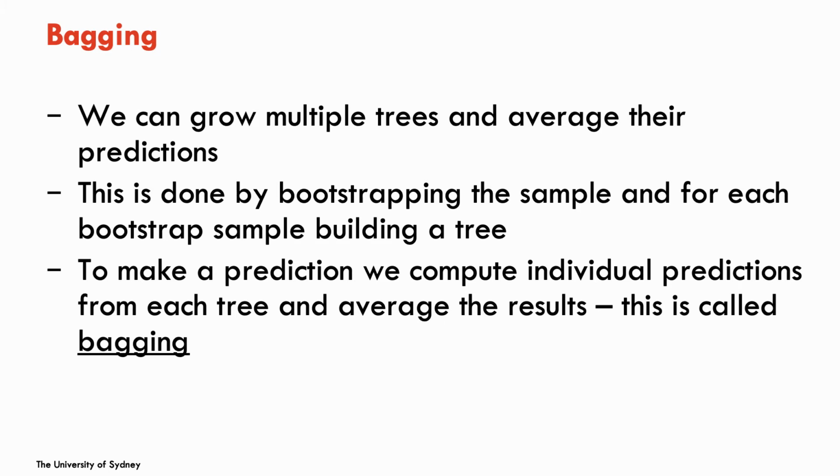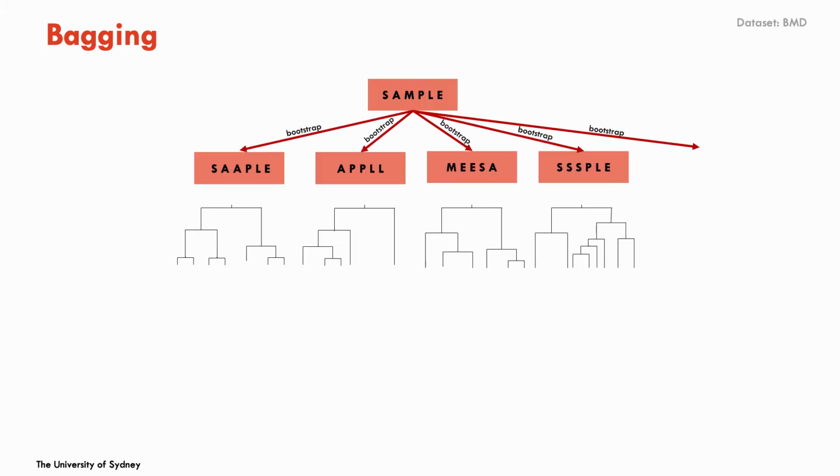We bootstrap the sample several times, and for each bootstrap I fit a tree, then make predictions from all those trees and average across all the predictions, and that's going to be my new prediction. This average prediction will tend to be more stable because it's based on an average, and this is called bagging.